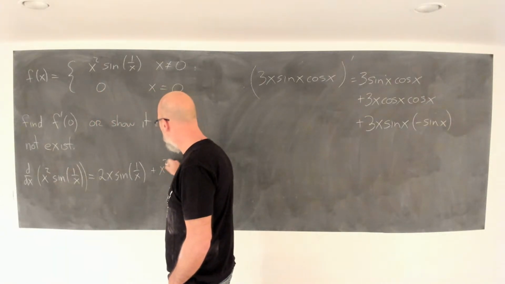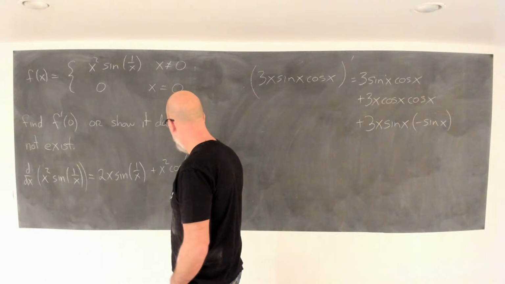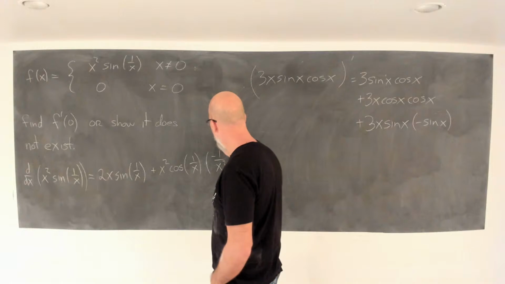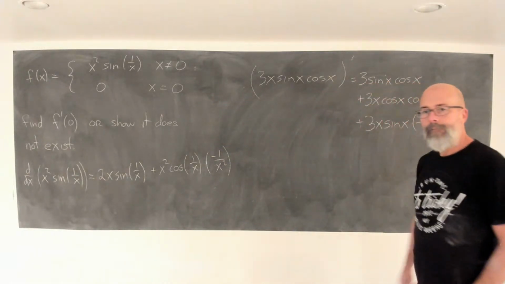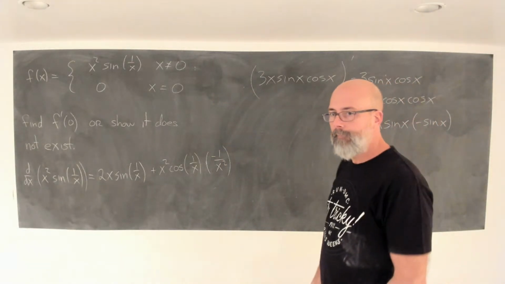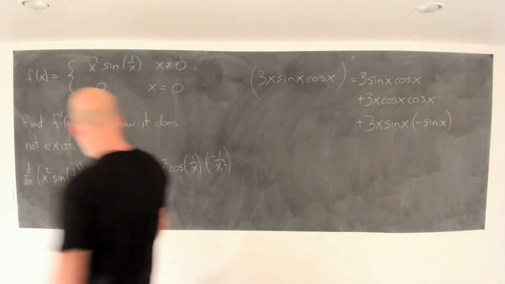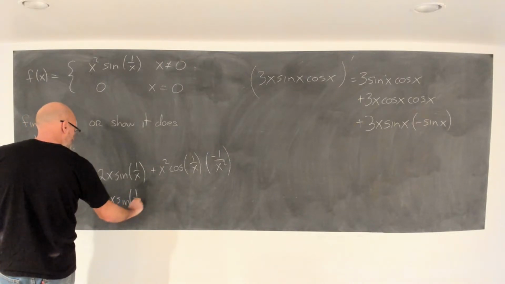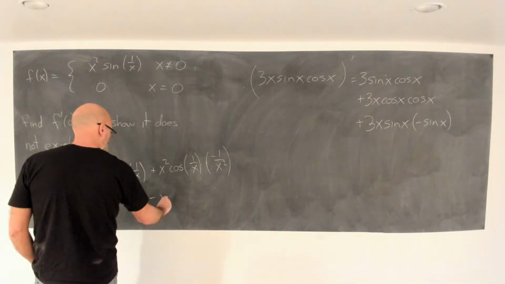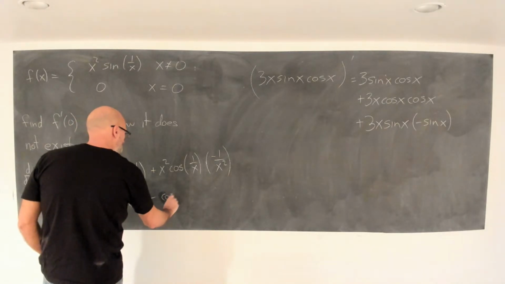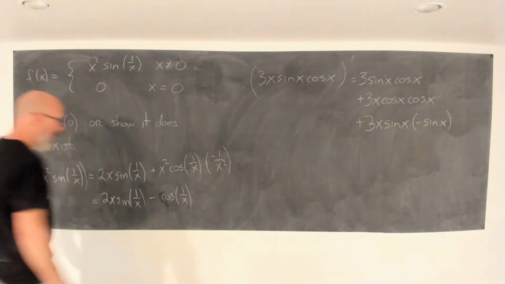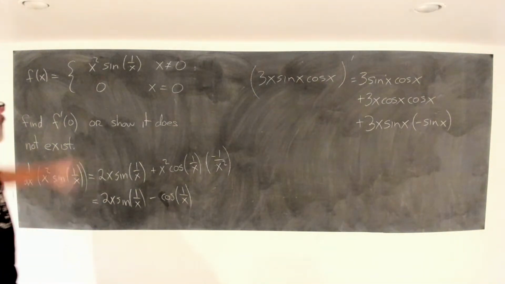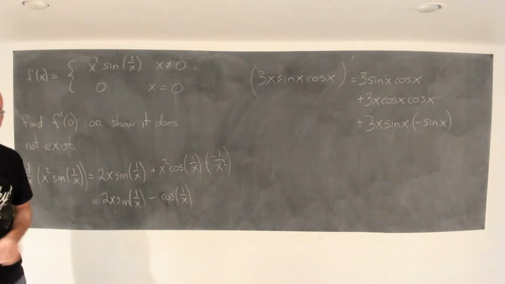Plus, leave the first one fixed, differentiate the second one. And this is the derivative. This is the derivative everywhere except at 0.